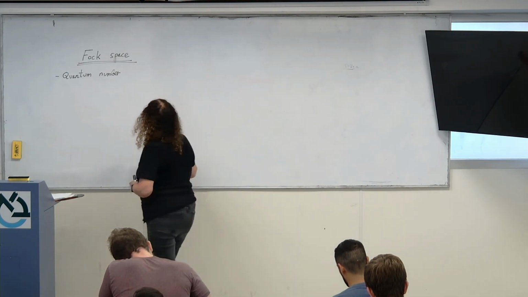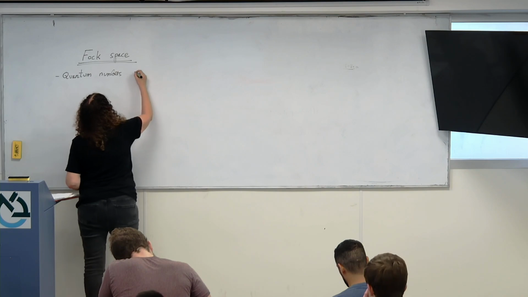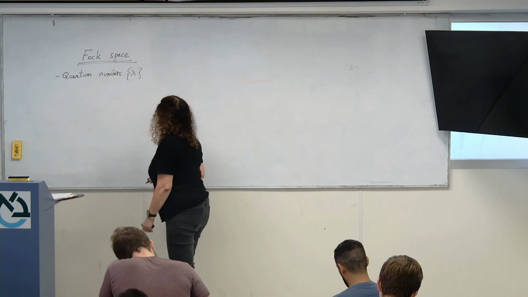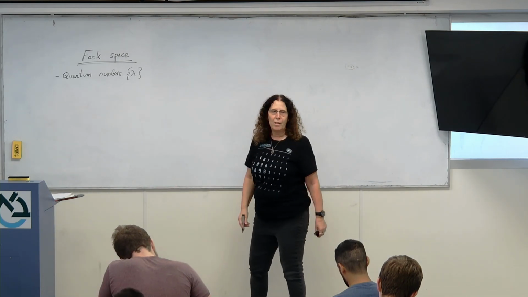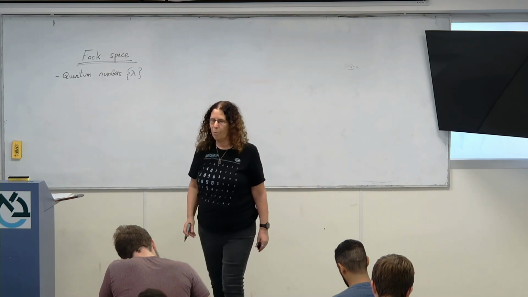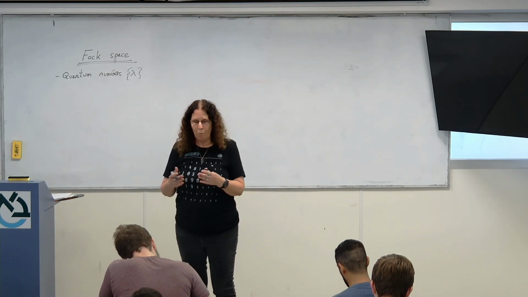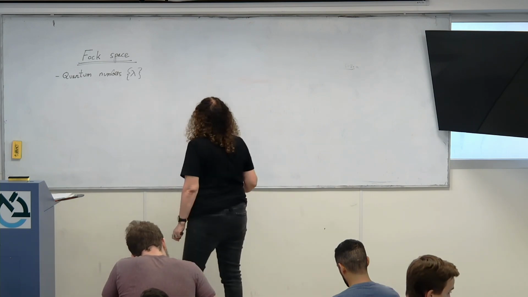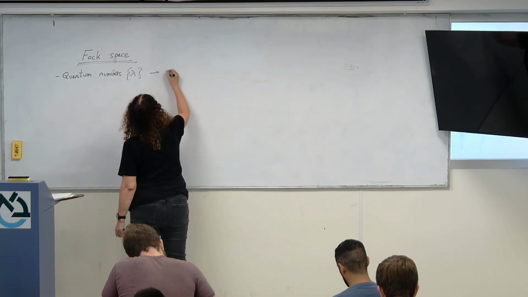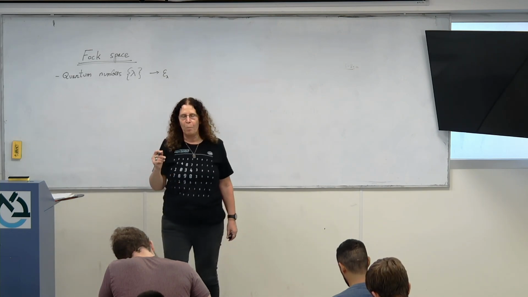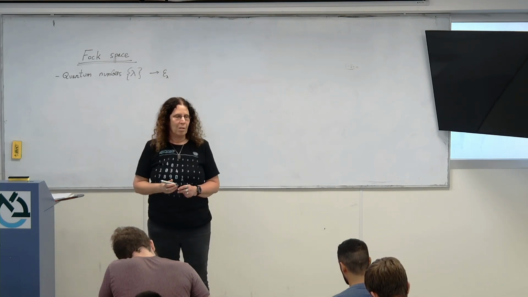But we have a set of quantum numbers that we call lambda, okay? And these quantum numbers are coming with a set of energy levels, which we call a spectrum. So for each lambda, there is epsilon lambda, and epsilon lambda is just the energy of a single particle if it's on the state lambda, okay?